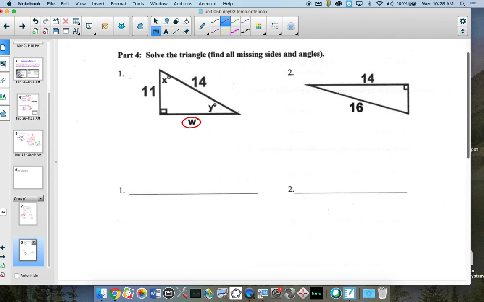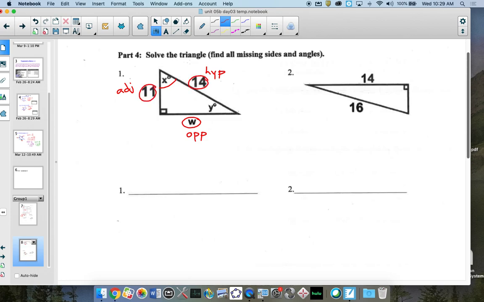Next, find one of the angles. So let's say we want to find angle X. Label your triangle: hypotenuse, opposite, adjacent. And since W, the opposite, was something we just calculated, I probably wouldn't use that number just in case there was a mistake. I'd use the 11 and the 14 that were given to us.